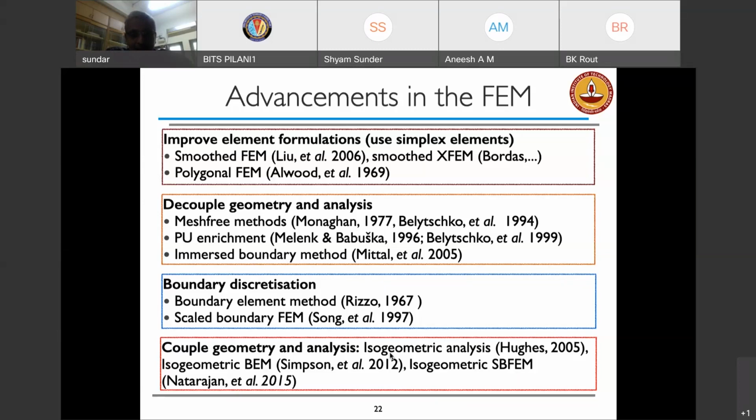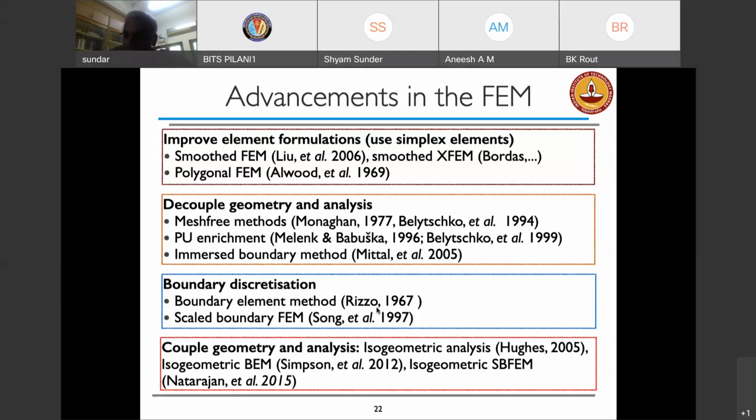The problems with finite elements are not a new concept. People realized this as early as the 1960s and 70s, and since then, people have been trying to improve the method. For example, the earliest you could probably think of are the mesh-free methods that people started to work on as early as 1977. Polygonal finite elements, as early as 1969.